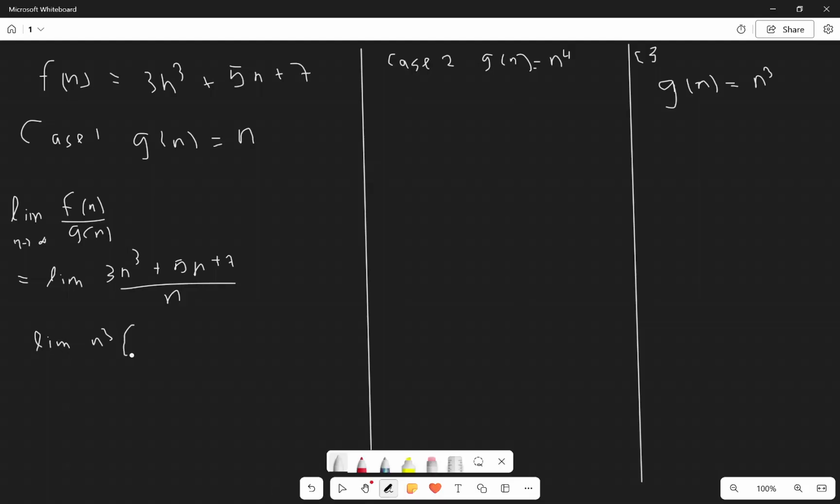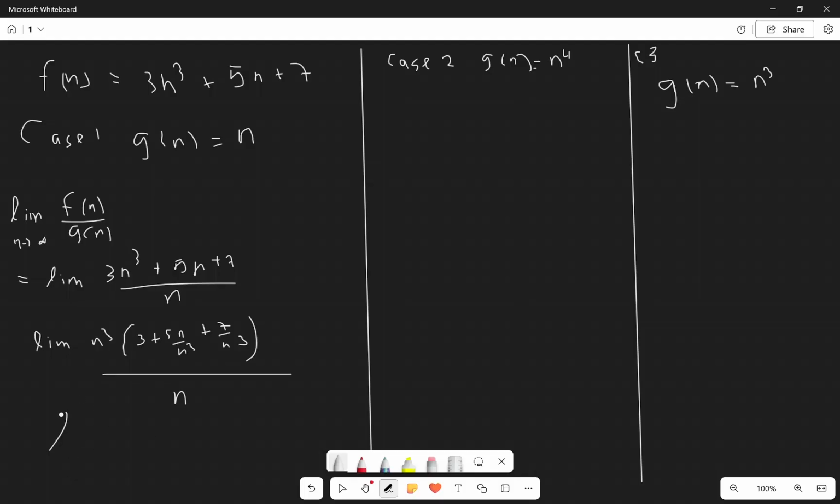So over here, it will be 3 plus 5n divided by n cubed plus 7 divided by n cubed. And over here it should be divided by n.